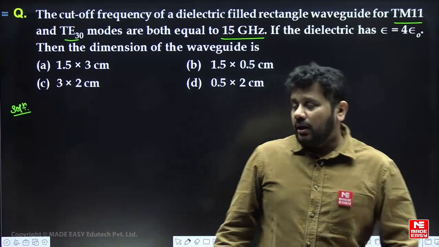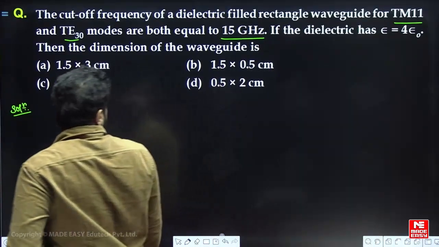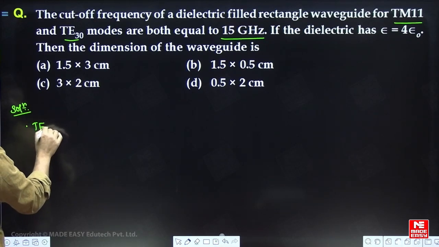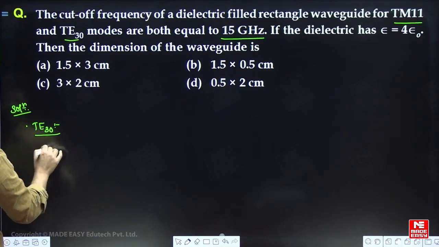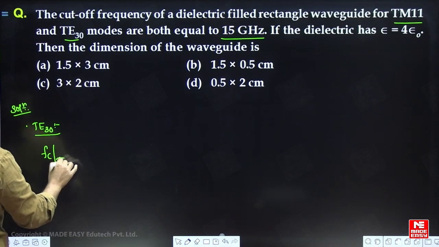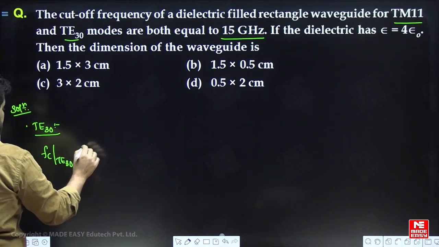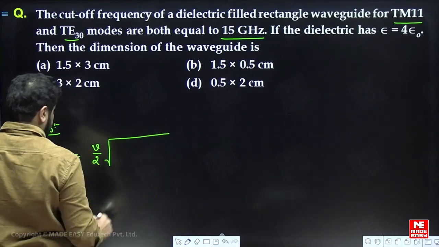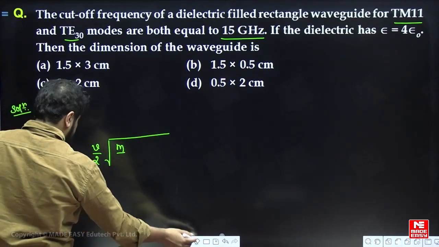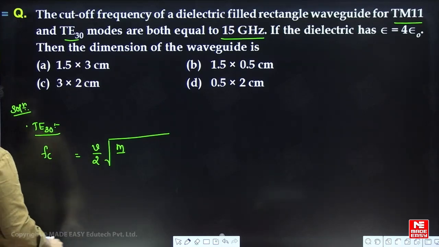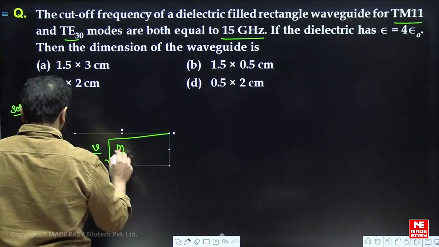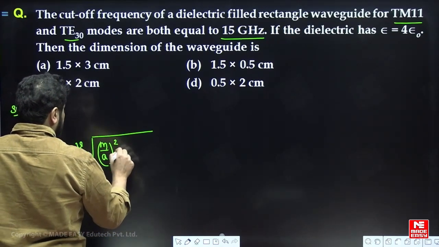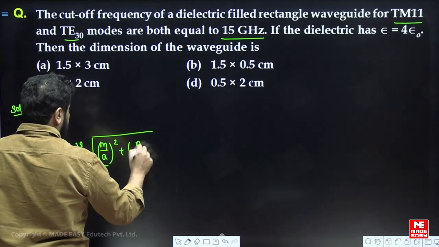Now first of all I will consider TE30, because here I can get TE30. So the cutoff frequency of TE30 will be how much? Let us first write the cutoff frequency formula: V upon 2 root under (M upon A) whole square plus (N upon B) whole square.